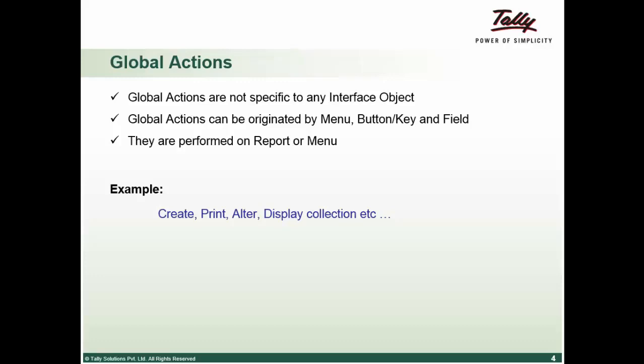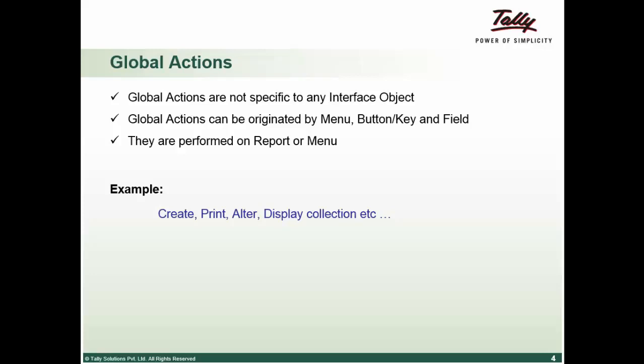Global actions can be originated from a menu, as we have already seen in the menu in which we were writing display. At the menu definition, we were writing action display. So display is an action. We have already seen display.